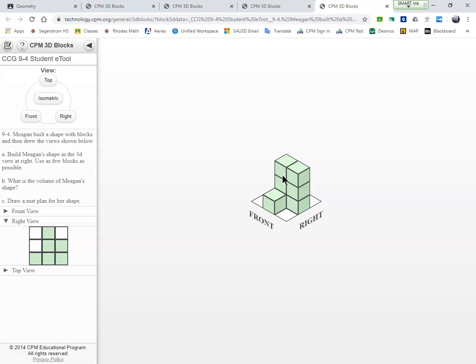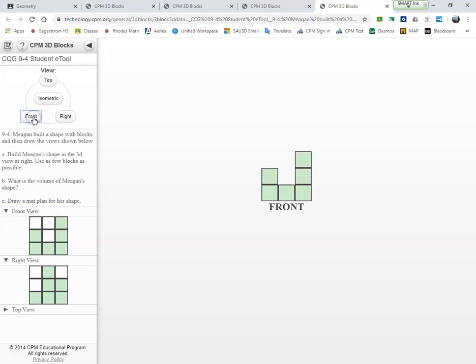So now let's look and see. I think that might be right. So let's look at the right view and see if that matches. No, it doesn't. We need one more here. So let's see if that matches. Now we got our right view. Let's look at the front view again. Boom.